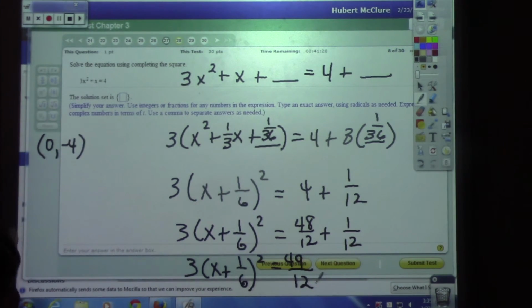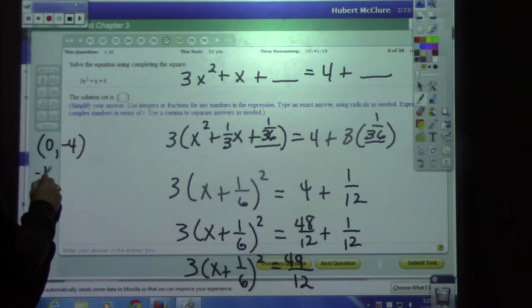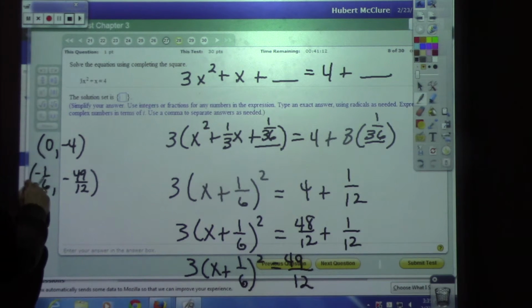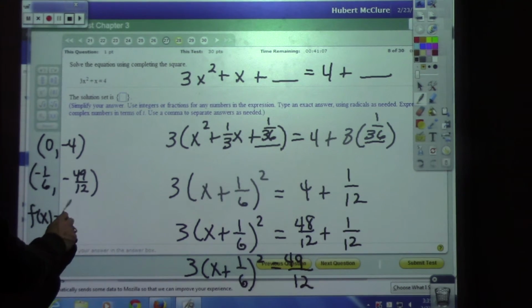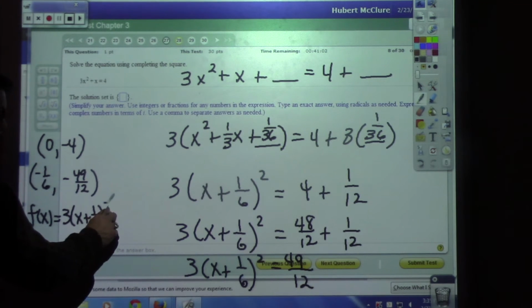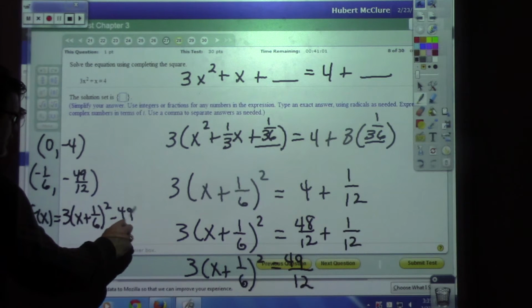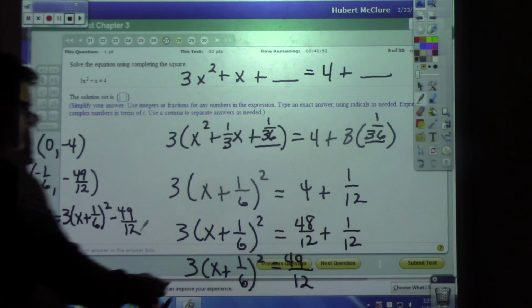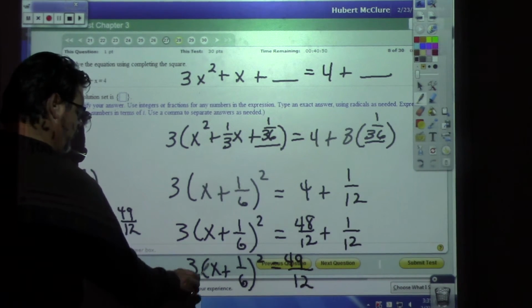And our vertex is negative 1/6 and negative 49/12. Intercept form is f of x is equal to 3 times x plus 1/6, quantity squared, minus 49/12. And now we're ready to solve for the x-intercepts.